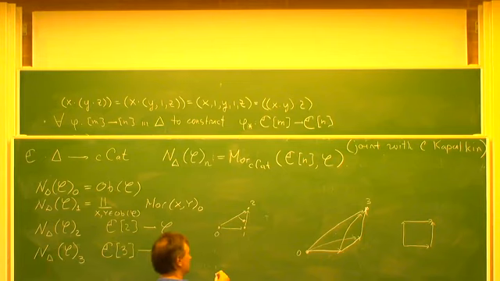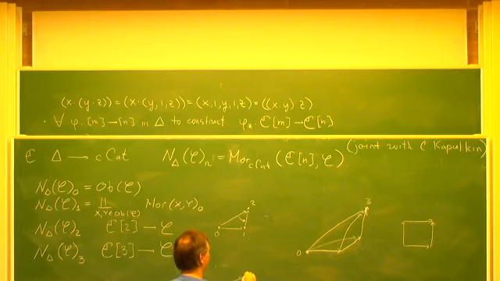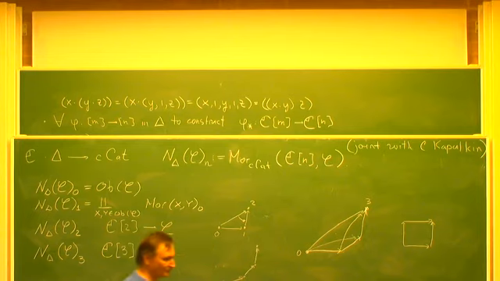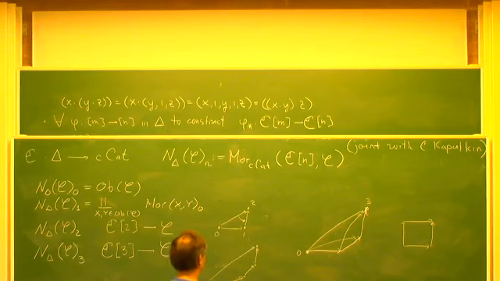Now, when one goes one dimension higher, so if I go from 0, 1, 2, 3, 4, that will be a 4-dimensional simplex, which is a little difficult to draw. But note that the 4-dimensional simplex has 5 sides, while a 3-dimensional cube has 6 sides.